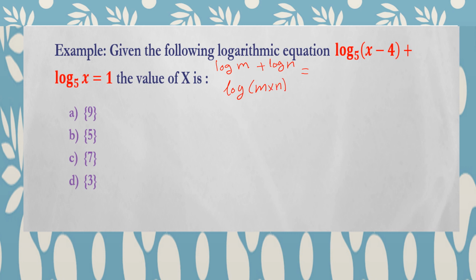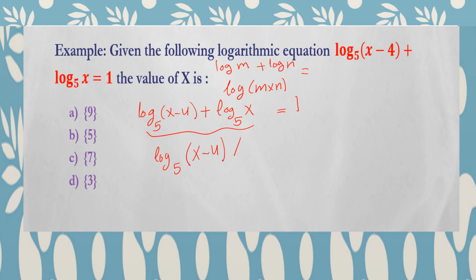By applying this property on this equation, we get log 5 for x minus 4 plus log 5 for x, and this equals 1. This means log 5 for x minus 4 times x equals 1.